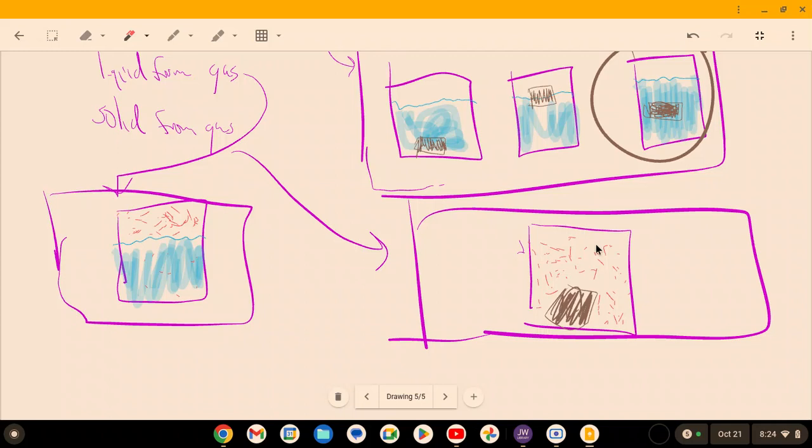So properties, though. What are those properties? Liquids hold the shape of the container, the bottom of the container. Solids naturally go to the bottom of the container unless countered by an opposing force. So the density of the liquid could actually push that solid up and make it buoyant.